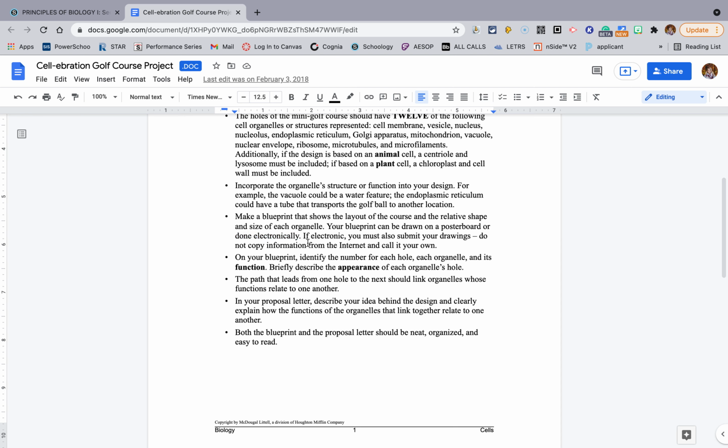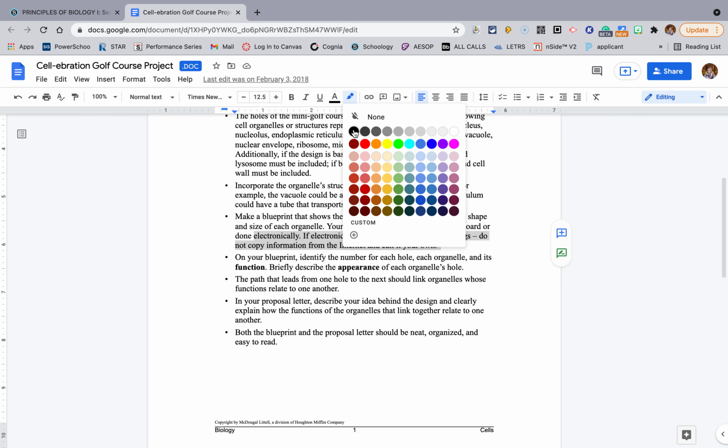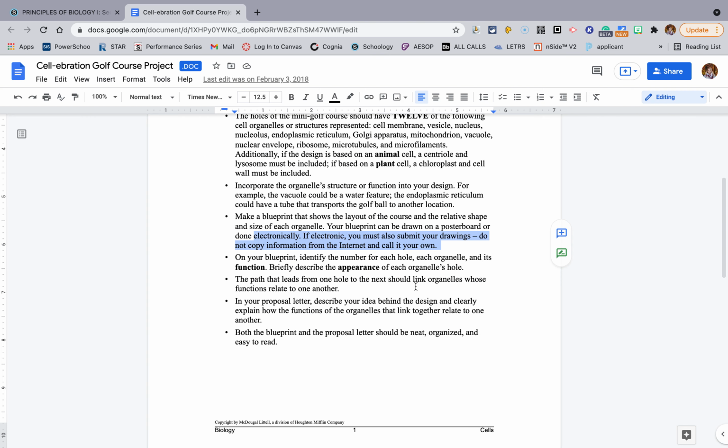I'd rather you do an actual project. But don't do it electronically, okay? Only poster board, trifold, or 3D.